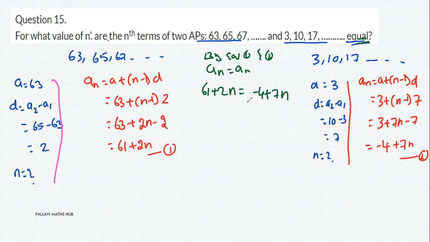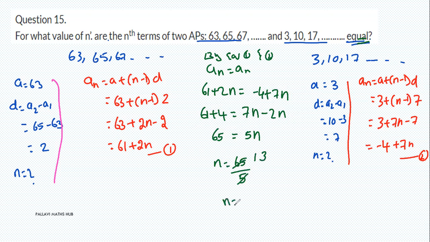Now, take constants to one side and variables to one side. 61 plus 4 is equal to, this is constant, and the variable is 7N minus 2N. 64 plus 1 is 65, equal to 7 minus 2, which is 5N. N is equal to 65 divided by 5. 5 ones are 5, 5 3s are 15. The value of N is equal to how much?